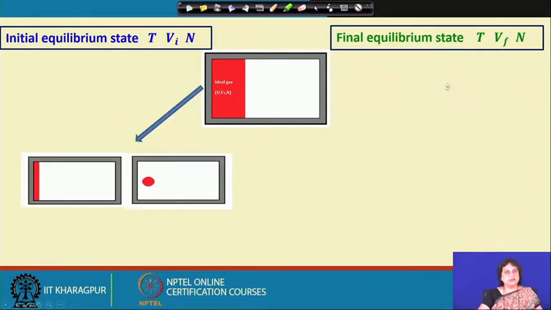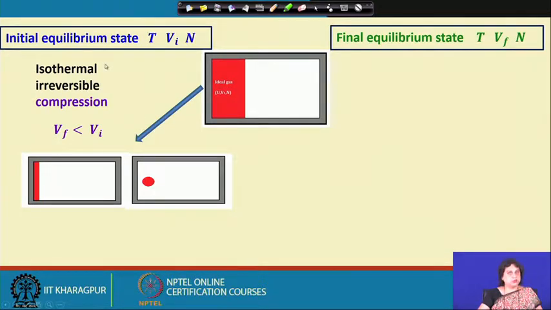Now, the question is, if this gas undergoes compression, this compression will be against a zero pressure because this part is maintained under high vacuum. So, these are the possible final equilibrium states. The process with which they are going to be reached would be nothing but an isothermal irreversible compression.